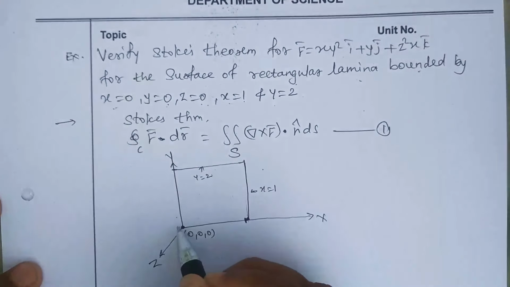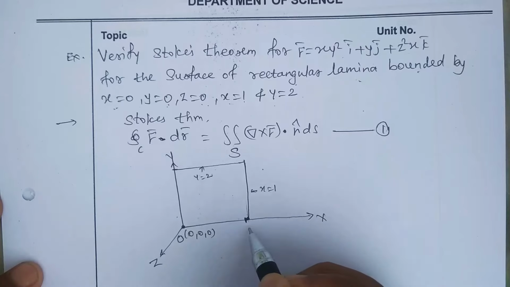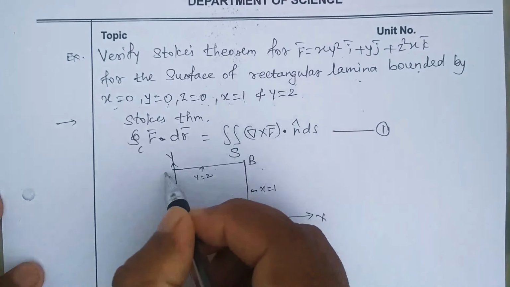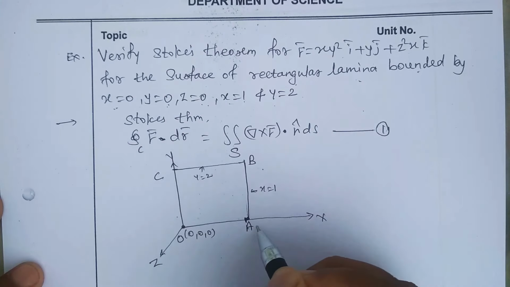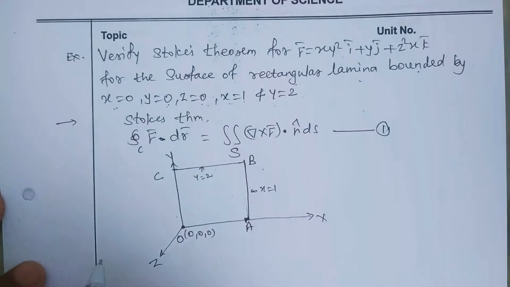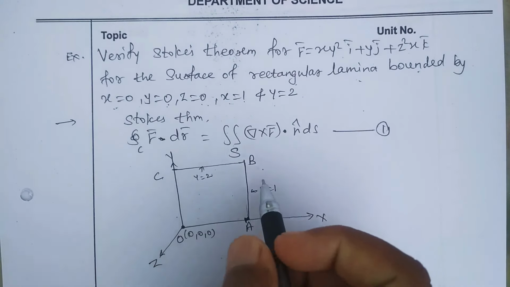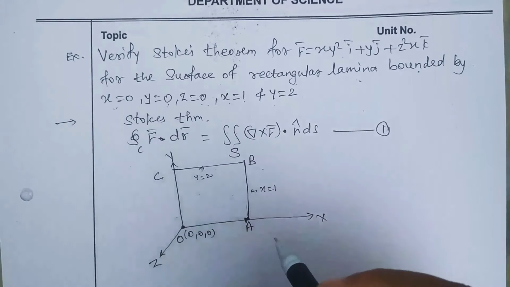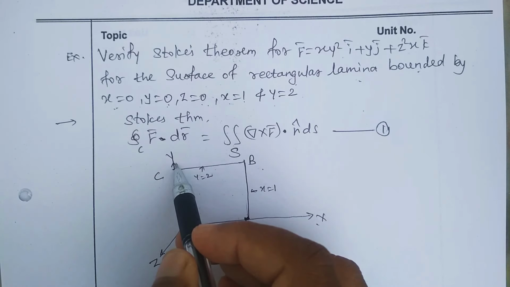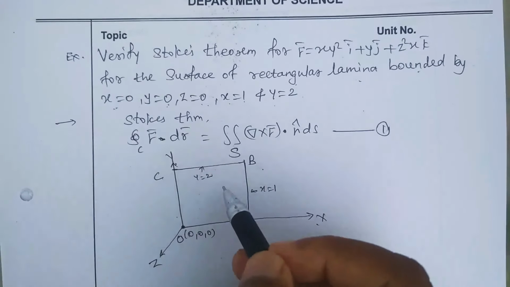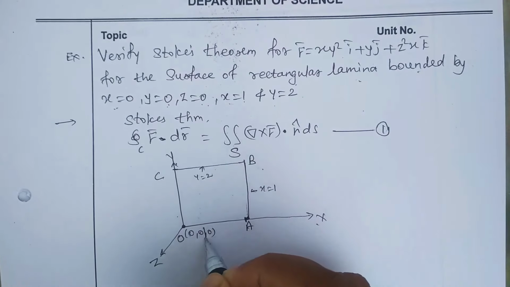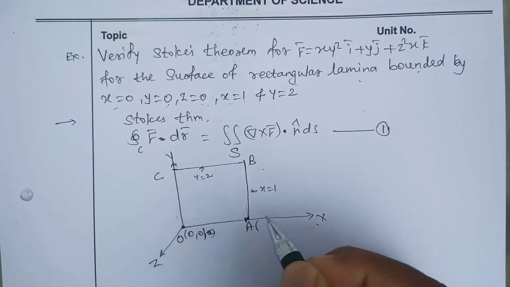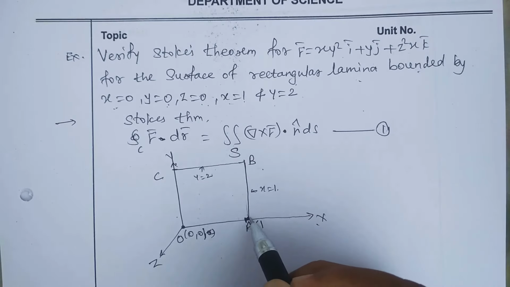Now suppose this point is O, the origin, this point is A, this point is B and this point is C. Origin O has x coordinate 0, y coordinate 0 and z coordinate 0, and since our rectangular lamina is in the xy plane, the z coordinate is 0, so we just consider this in two dimensions. For point A, the x coordinate is 1 and on the x axis the y coordinate is 0.